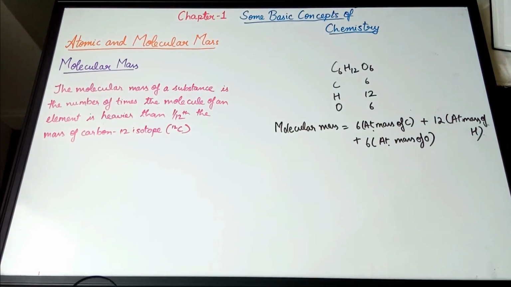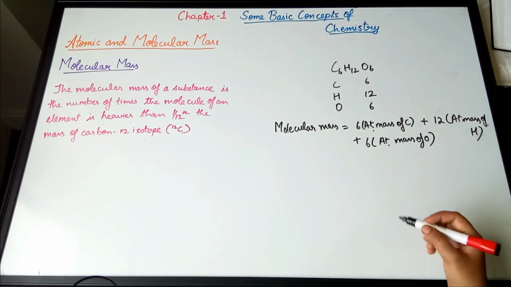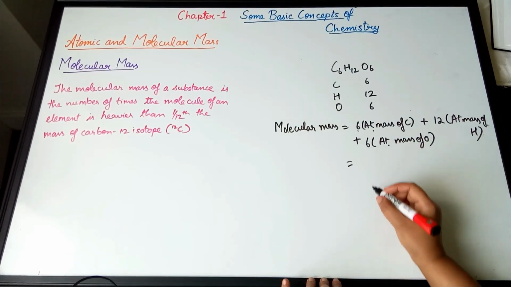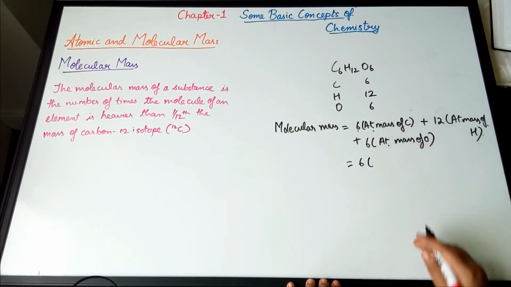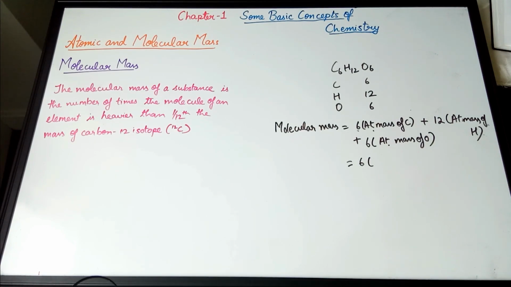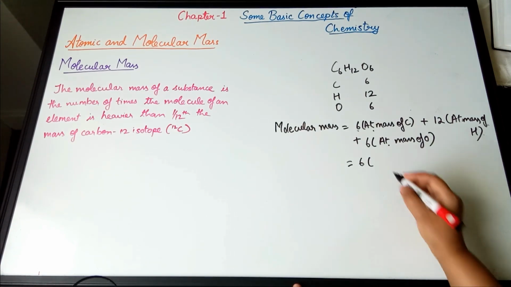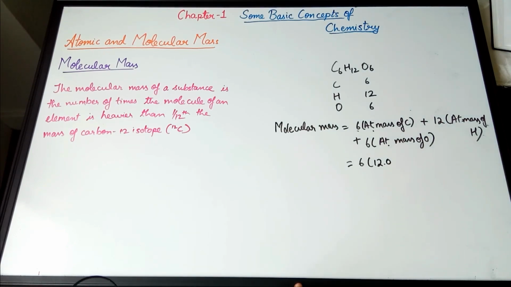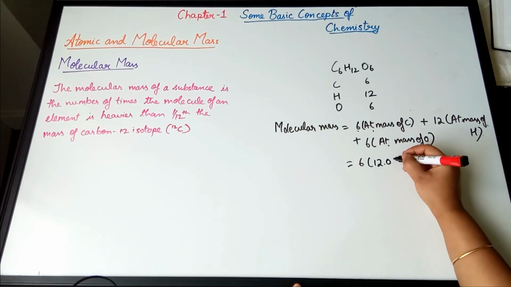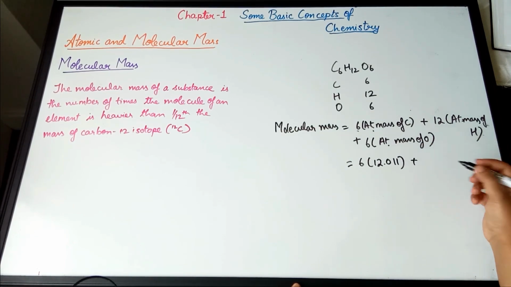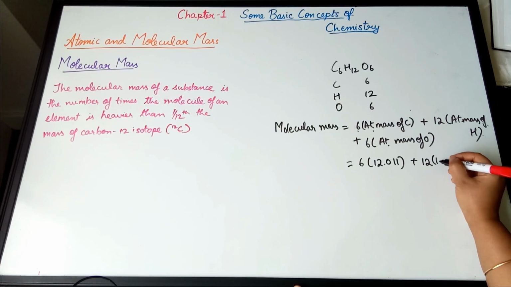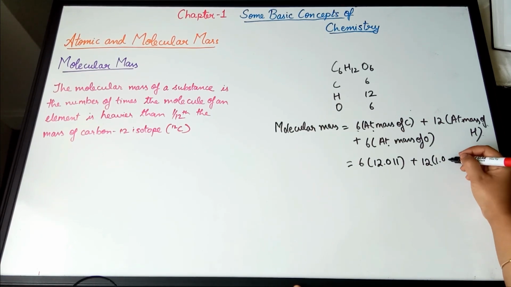So we are considering the individual atomic masses for C6H12O6. So 6, 12 and 6. The atomic mass of carbon is 12.011, plus hydrogen is 12 of 1.008. You can just write it as 1.0.